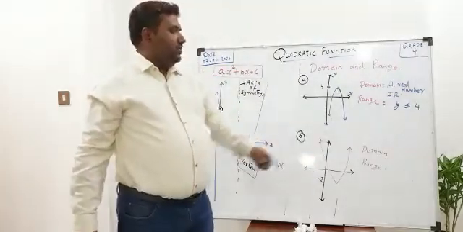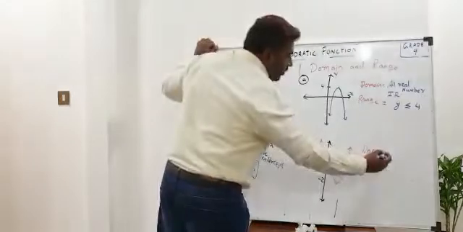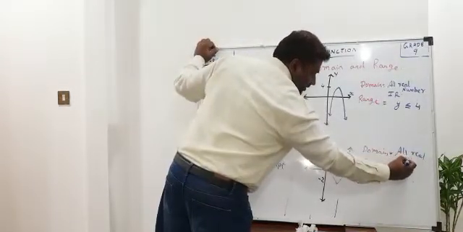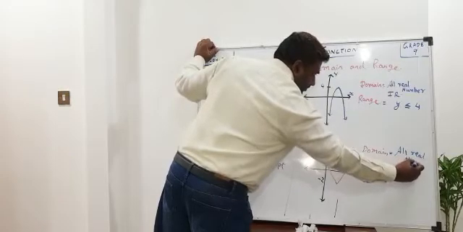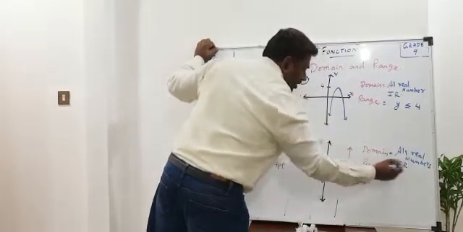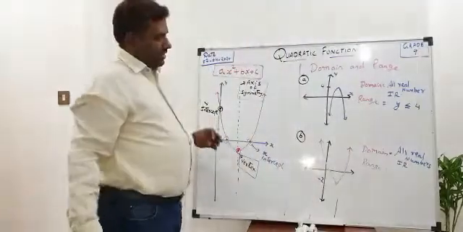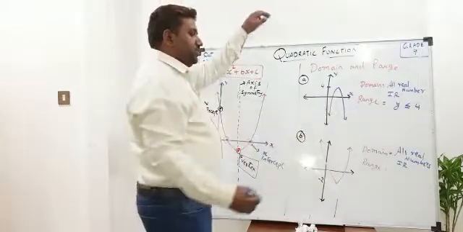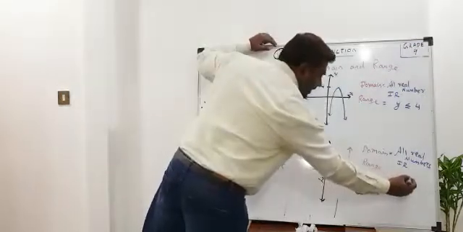Okay, as we discussed in the first point, that domain is always all real numbers. We can say R. And the range, we are saying the graph is going upwards. Upwards we are going to take greater than or equal to.